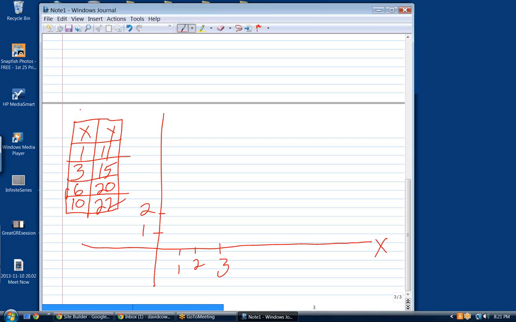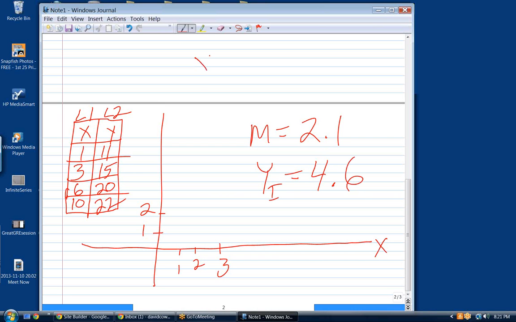So you create list 1, you create list 2, and then you go to statistics and find the linear equation, and the answer you get is m is 2.1, and the other value, maybe they do call it y-intercept, is 4.6. So the equation is y equals 2.1x plus 4.6.